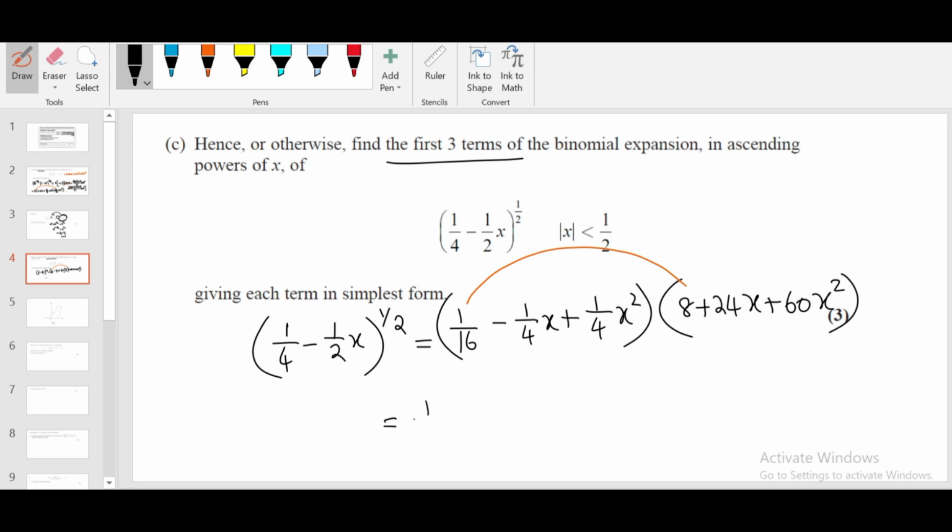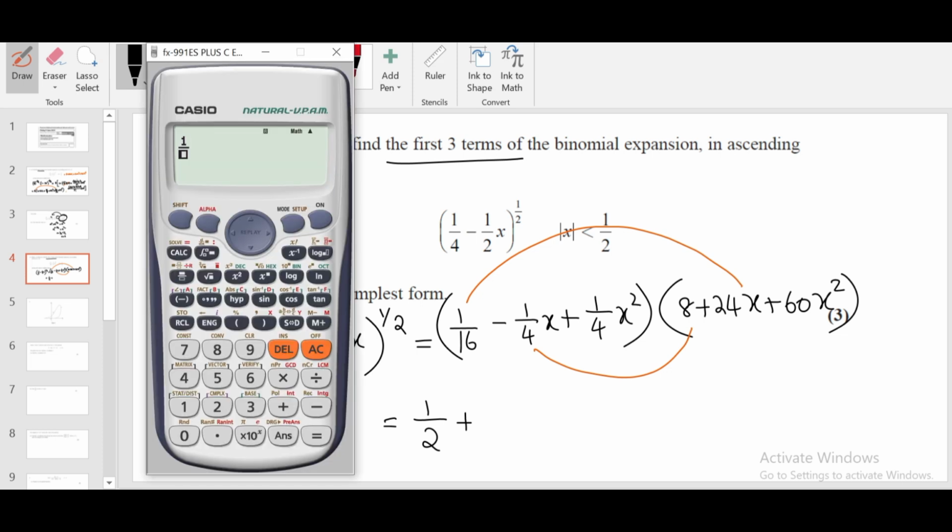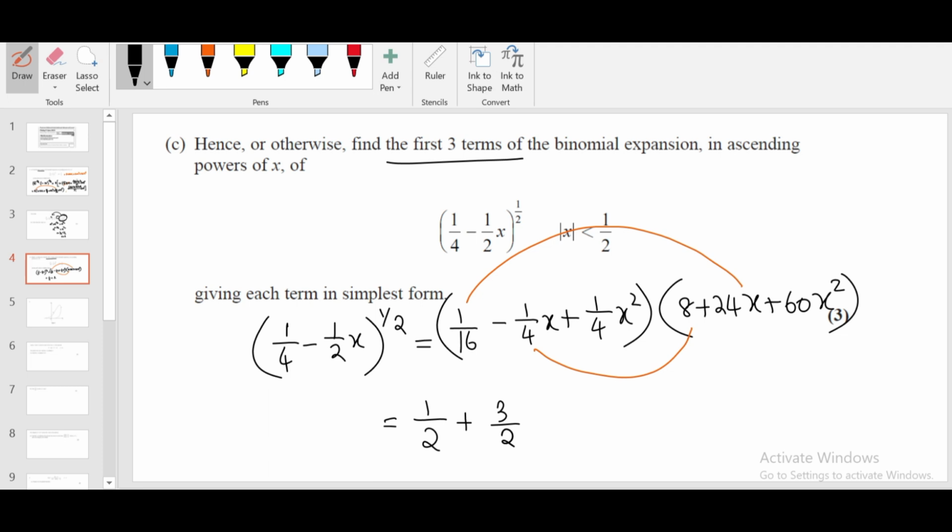You will get just 1 over 2. You will get the second term by multiplying this and this and this and this. So that's going to be, if you take x as a common factor, 1 over 16 times 24. 1 over 16 times 24 is 3 over 2. And then minus 1 over 4 times 8 is minus 2 times x.